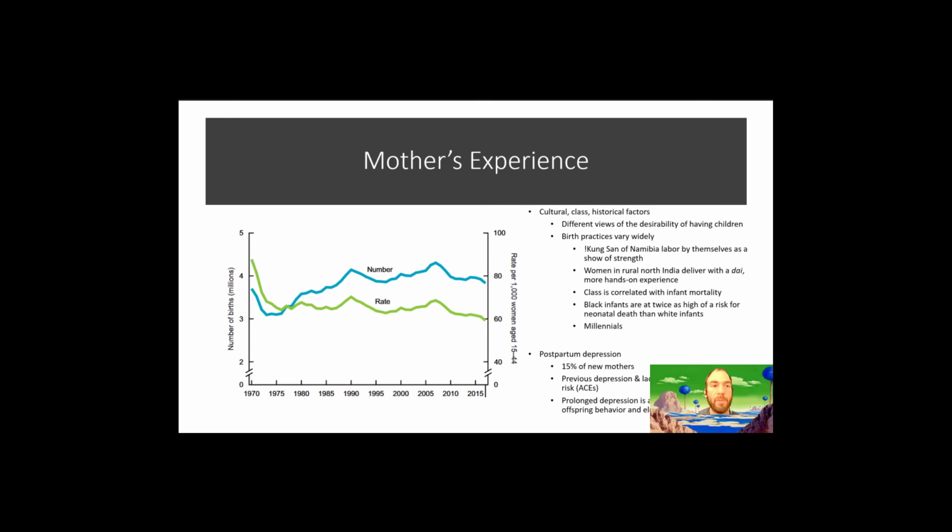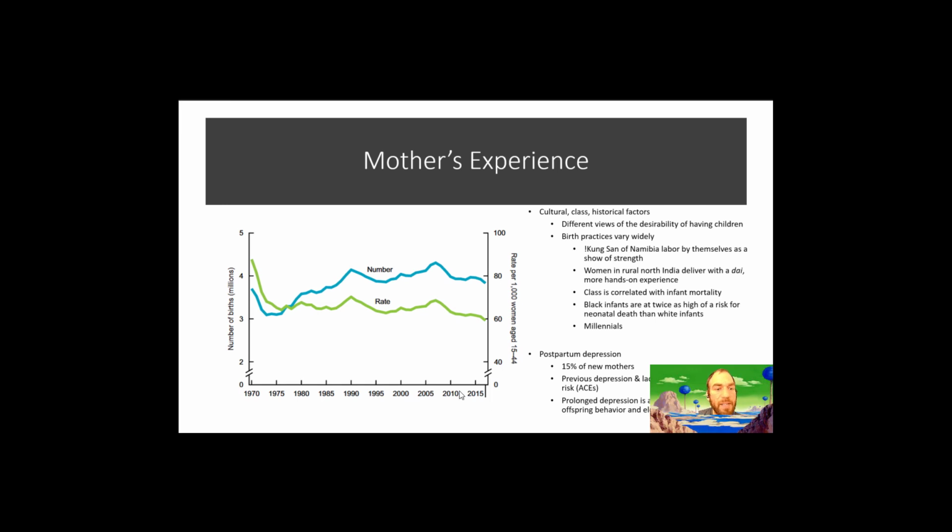Prolonged depression impacts the way that mothers interact with their child and the way fathers interact with their child, which then elevates a child's stress level, which is one mechanism by which stress, trauma, and depression are passed down intergenerationally.